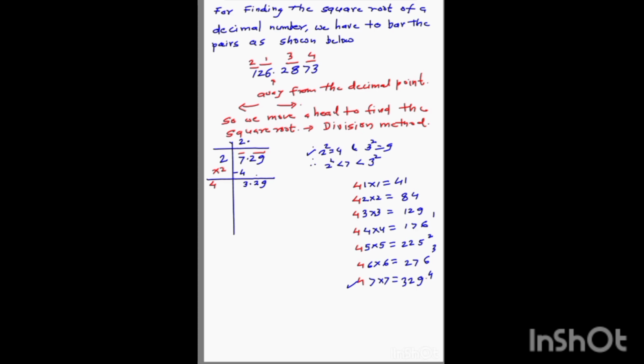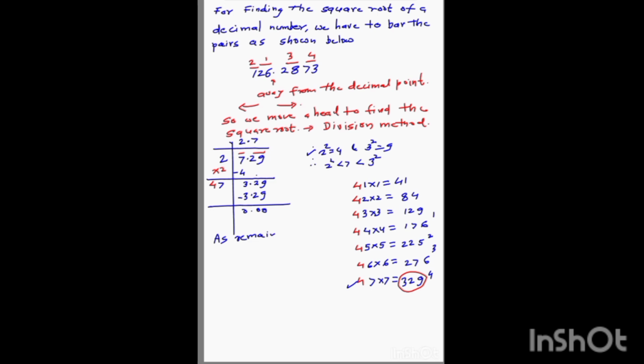So we carry out 47, and since we have already placed the point after 2, 47 into 7 is 329. Subtract it, and you get 0. The remainder is 0.